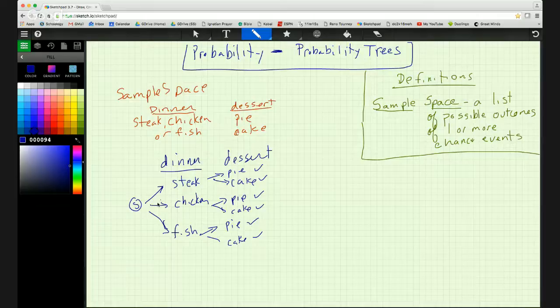And all you have to do to figure it out is you just follow the tree. There's one choice. So my first is steak, then pie. My second one is steak, then cake. That rhymes, steak, cake.